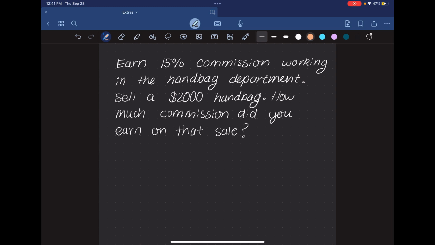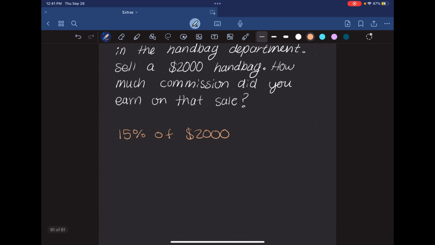Okay, so we have 15% commission, and you're selling a $2,000 handbag. Well, the commission that you would get would be exactly 15% of the $2,000. So all we need to do here is find 15% of 2,000.